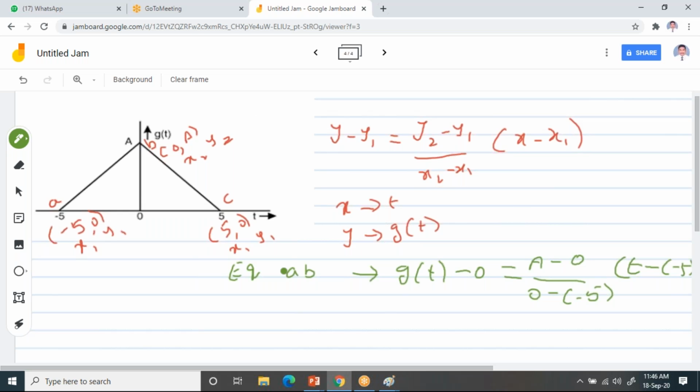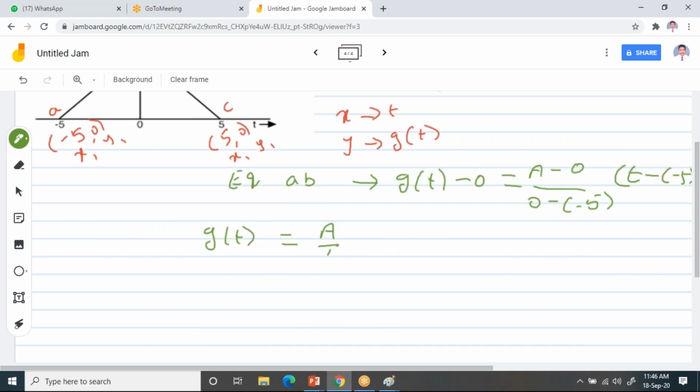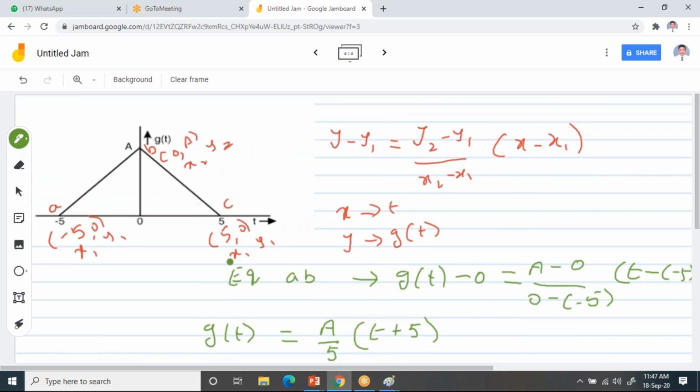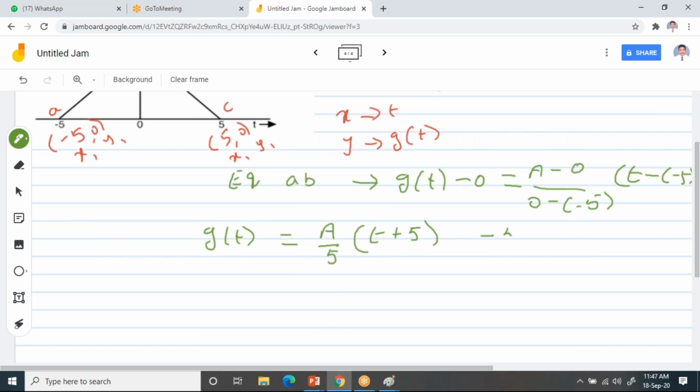This line exists only from minus 5 to 0, so I can write the limits: minus 5 less than or equal to t less than or equal to 0. This is the equation for AB.